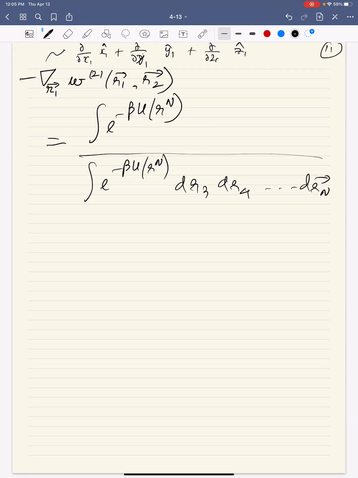These are all vectors as of now. This is also a vector. And the variables that you are integrating over are the same, dR3, dR4. The only term that is different is this. There is an extra term over here, which is the derivative with respect to R1 of the full many-body potential.